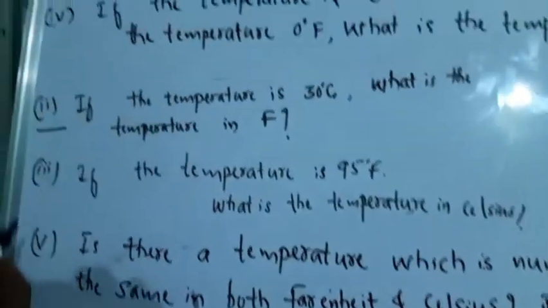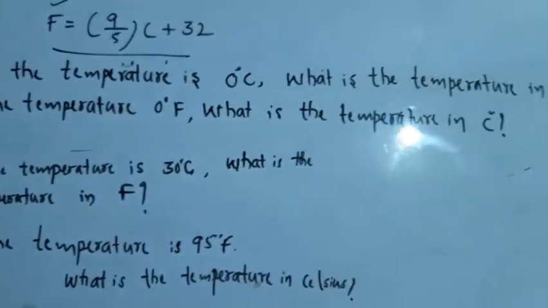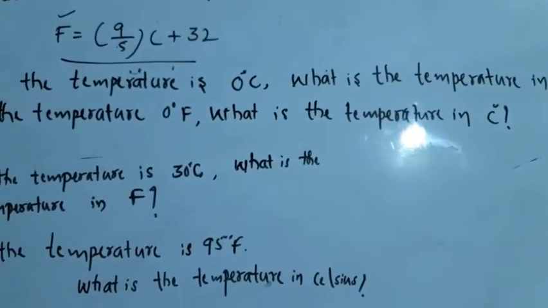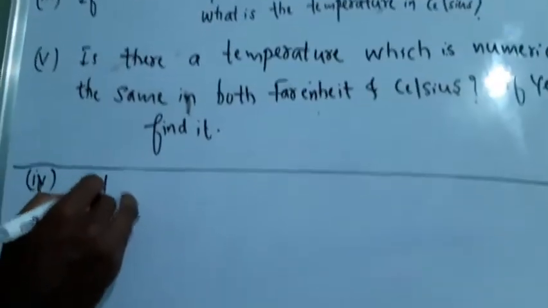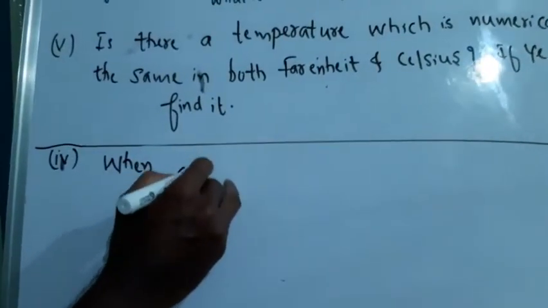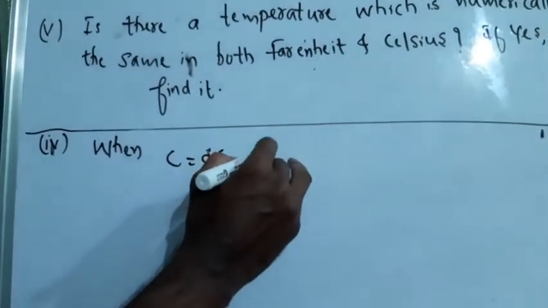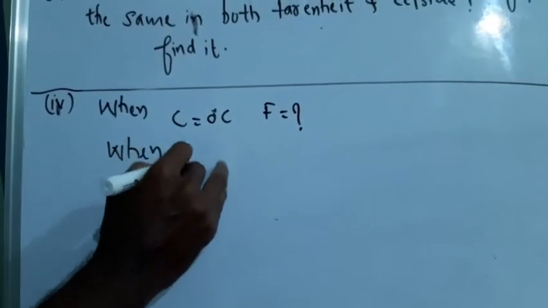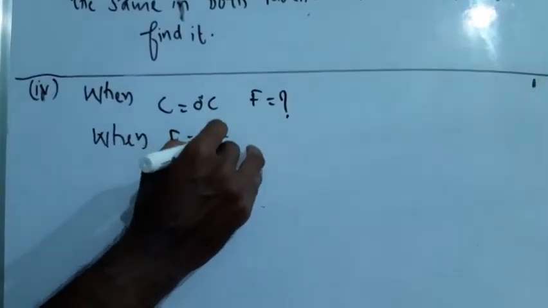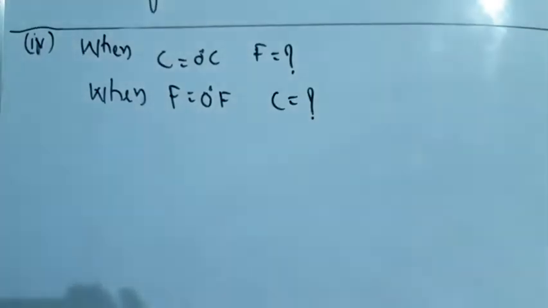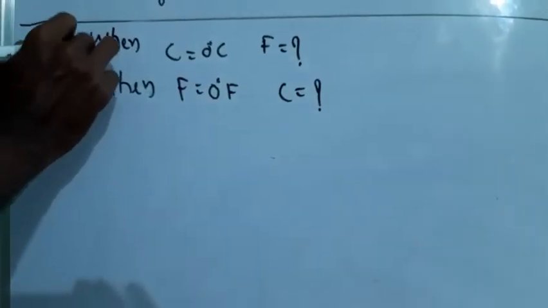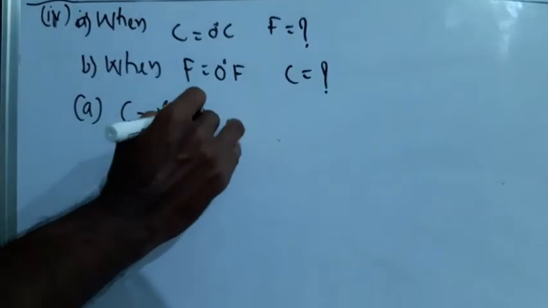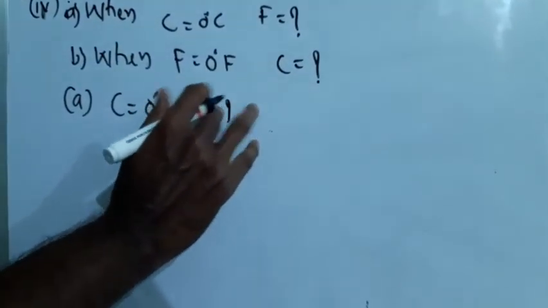Fourth question. If the temperature is 0 degree centigrade, what is the temperature in Fahrenheit? And if the temperature is 0 degree Fahrenheit, what is the temperature in degree centigrade? There are two conditions. In case of A, C is equal to 0 degree centigrade, then F is equal to what?